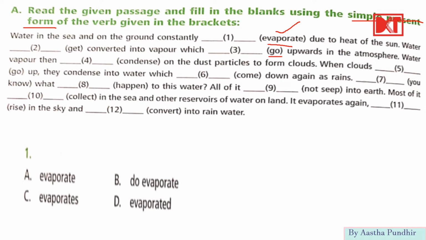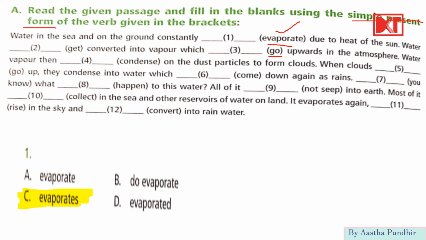B. Constantly do evaporate due to heat of the sun. C. Constantly evaporates due to the heat of the sun. Or D. Constantly evaporated. Now here the correct answer is constantly evaporates. Now these are जो हमने बोला था irregular forms of the verb.